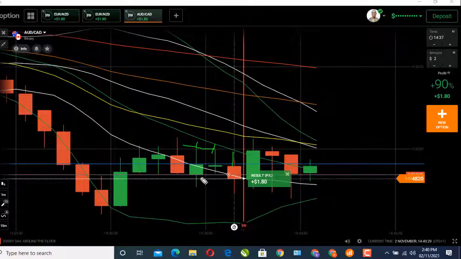So I place my trade, but because of the volatility, it brought me to this level, but I know it will definitely close below my entry point, and I know it will create a red candle. Because of the volatility, sometimes you cannot get a good entry point. I was supposed to enter at this level, but the market is very fast.